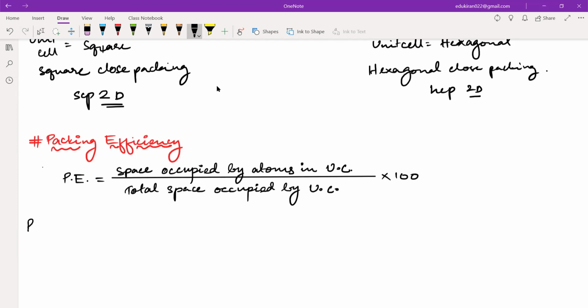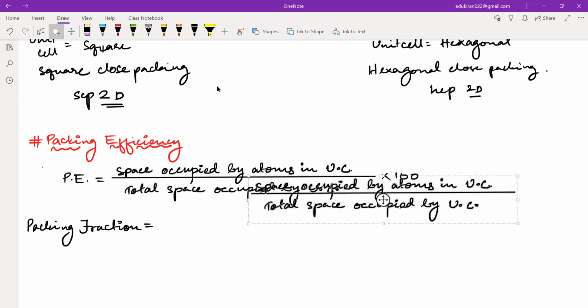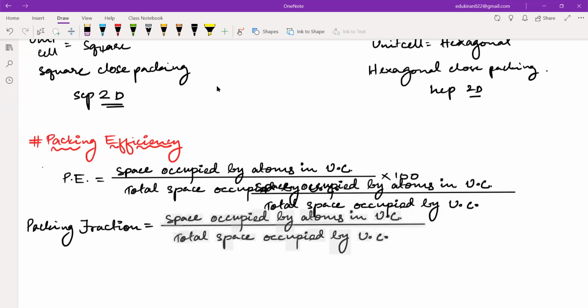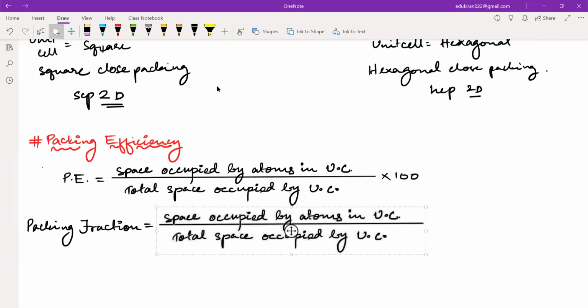Now there is a similar term, that is packing fraction. Packing fraction is just this part excluding the 100, and it will give you a decimal number.